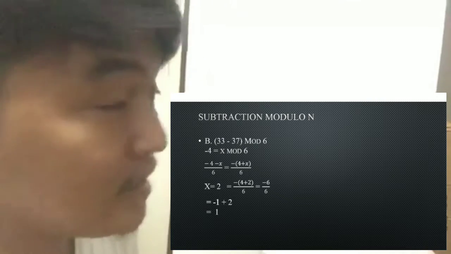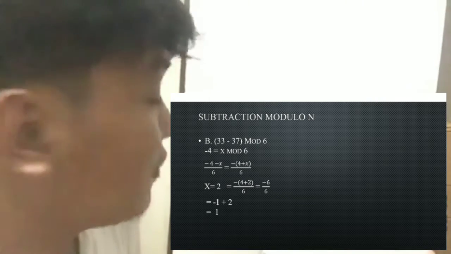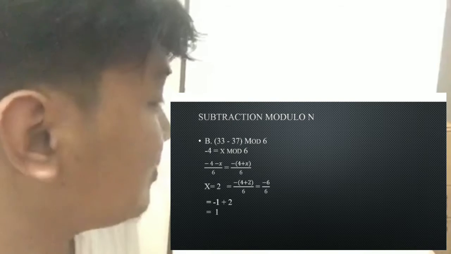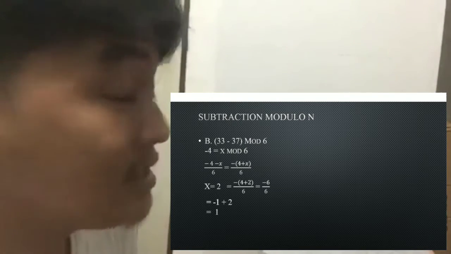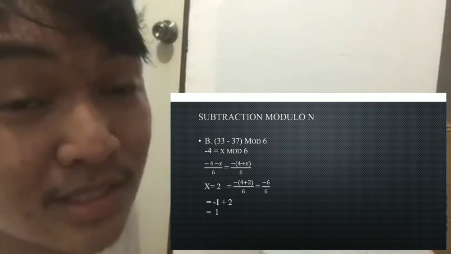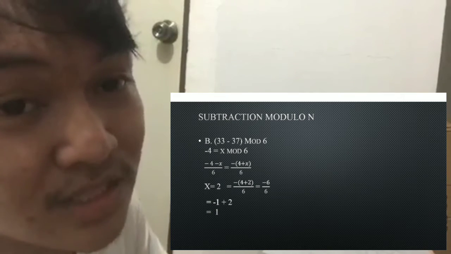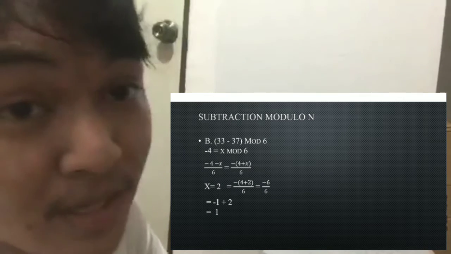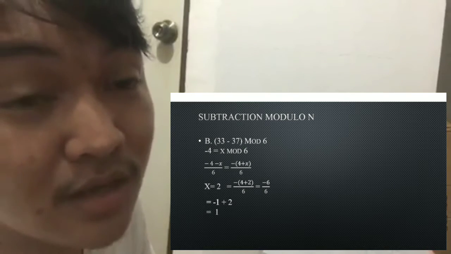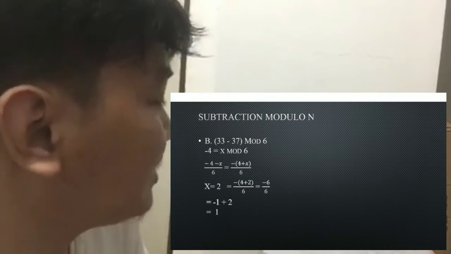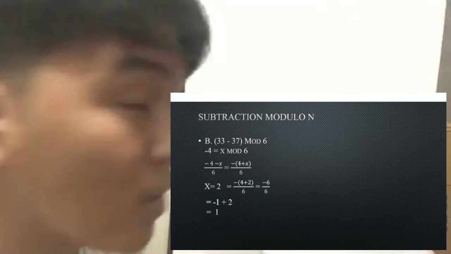So negative (4 plus 2) over 6 is equal to negative 6 over 6. The answer we'll get here is negative 1, and since we can't use the negative 1 because we only use the positive answer, we'll add another 2. So the answer we'll get here is positive 1.